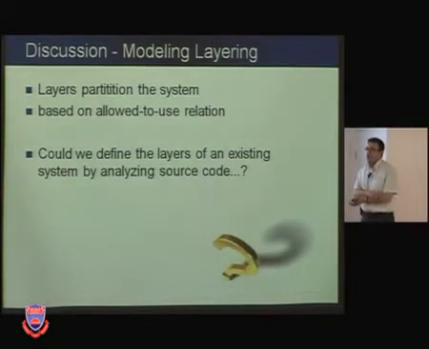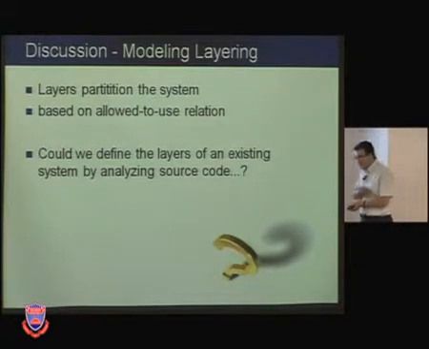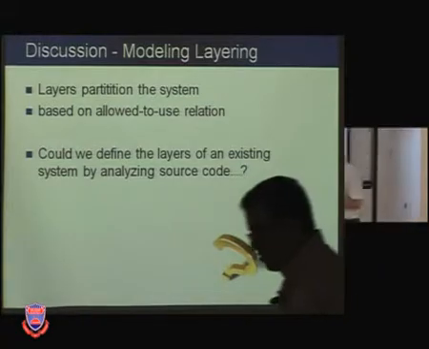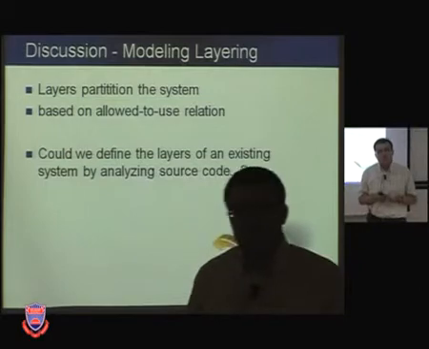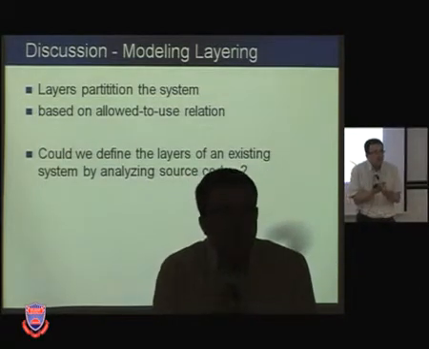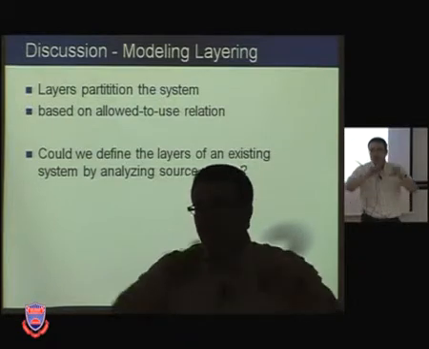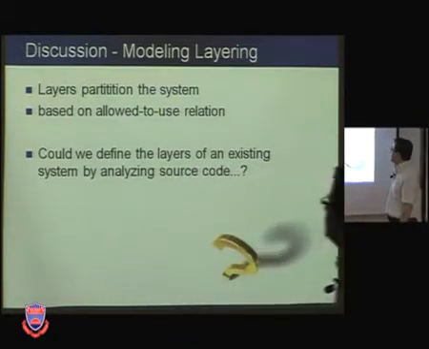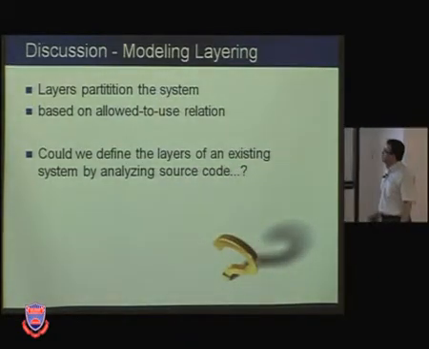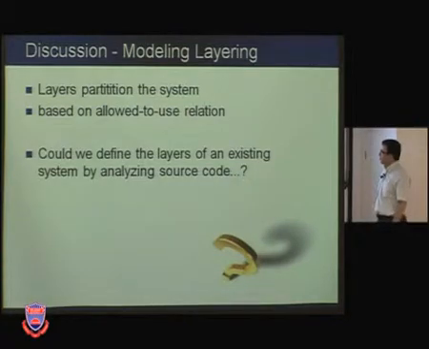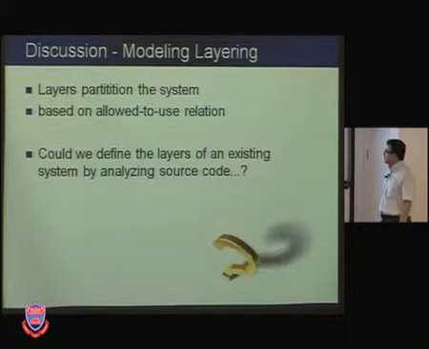Layered style is typically a style from a module view type. So it visualizes the structure of implementation units by partitioning the system into layers based on the allowed-to-use relation. Could we divide the layers of an existing system by analyzing source code?